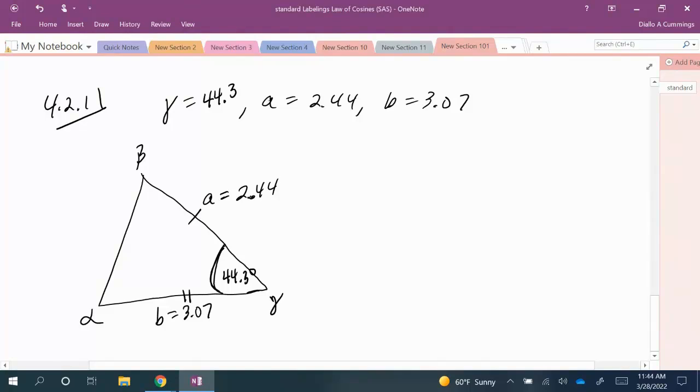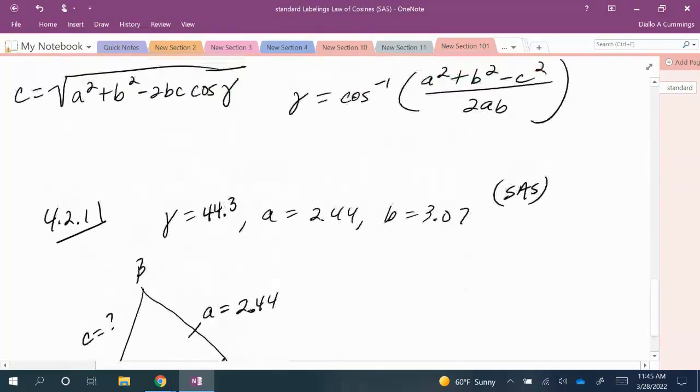Right, so this triangle is possible. The only thing you want to be mindful of is if you're given a side-side-angle, the dirty word spelled backwards. If you're given that set of dimensions, then you have to be careful on how you proceed. All right, so in this case, we're asked to find C, right?